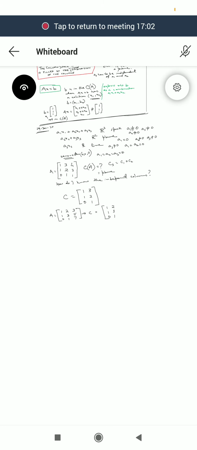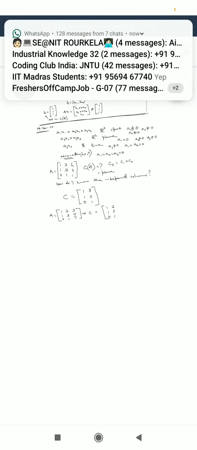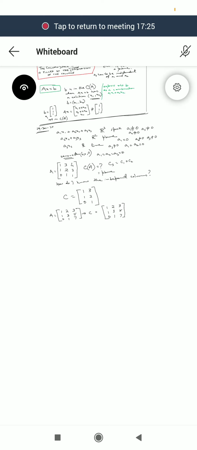Take any combination of the first two columns. Is there any such combination available? No, I don't think there is any such combination available. So 3 5 7. So the number of columns are also the same.